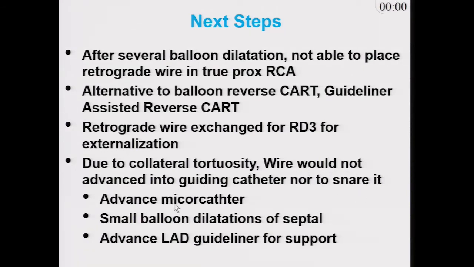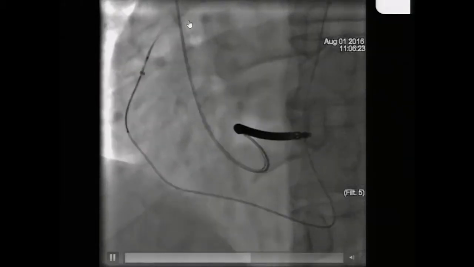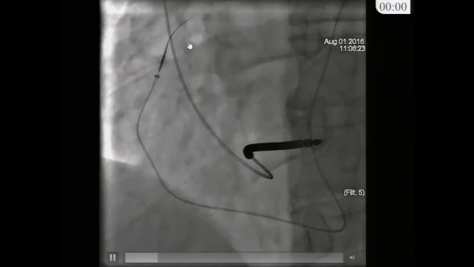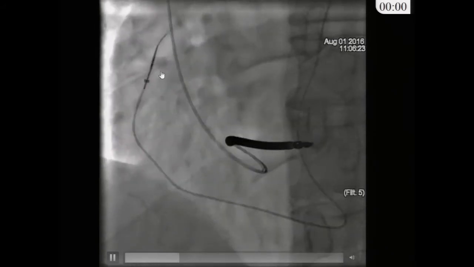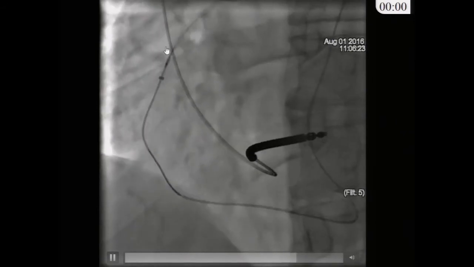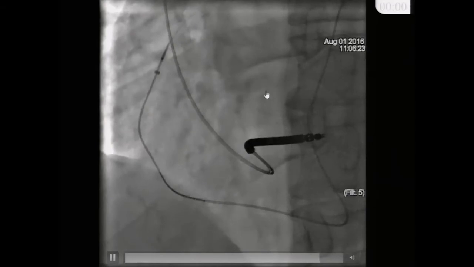So I advanced the microcatheter even further after balloon dilatation of the septal, and I placed a Guideliner into the LAD. And then what I did was I took the antegrade wire, and I went from the antegrade into the microcatheter that was inside of the Guideliner, and then I forwarded the wire all the way in the antegrade direction.